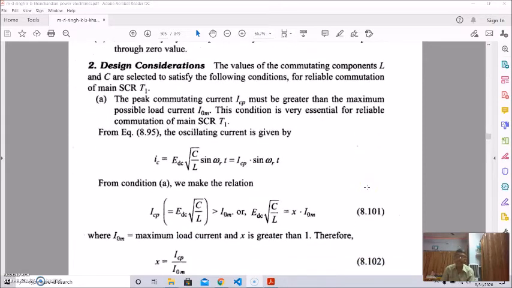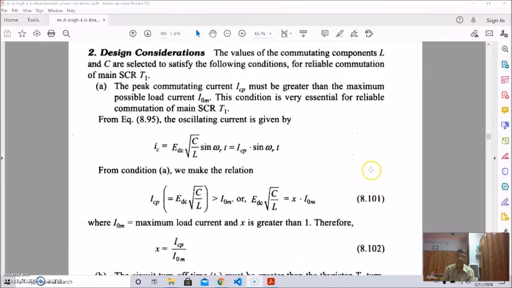And the oscillating current is given by, as we have seen in this equation, IC equal to EDC root of C by L sine omega t. So this is equal to ICP sine omega t. And from condition A, the peak commutating current ICP must be greater than the maximum possible load current IOM.